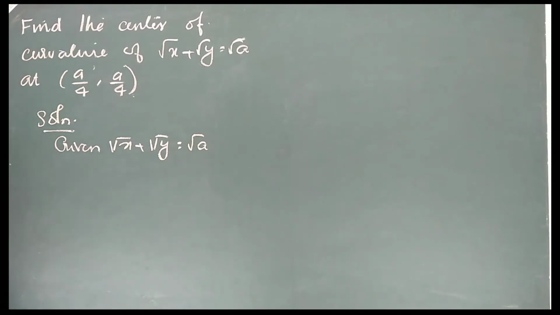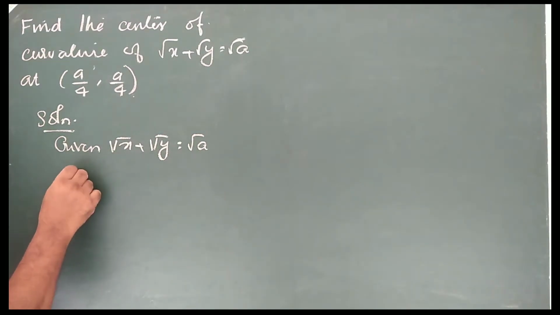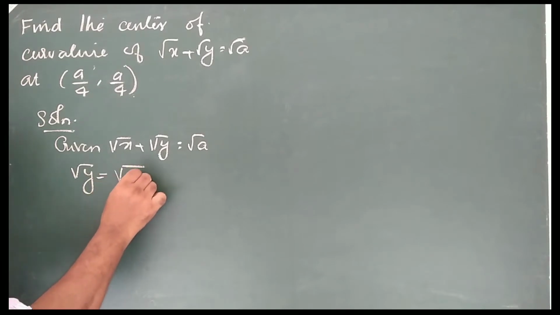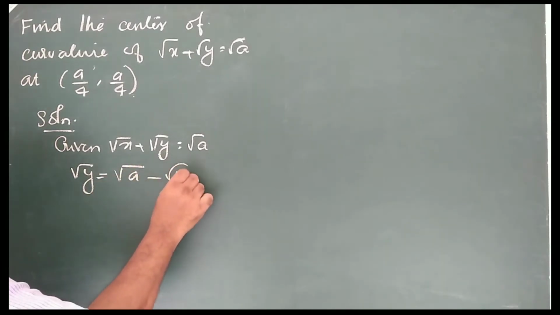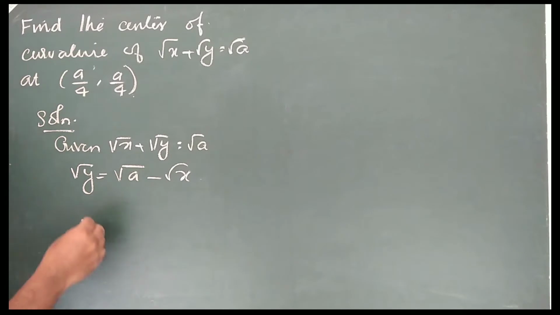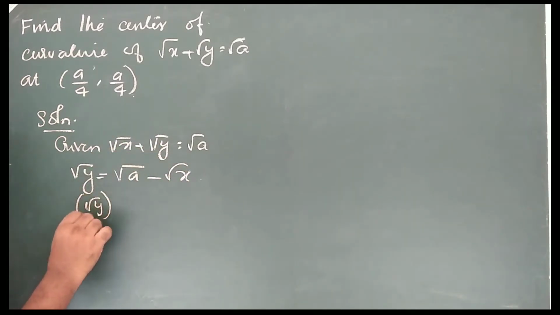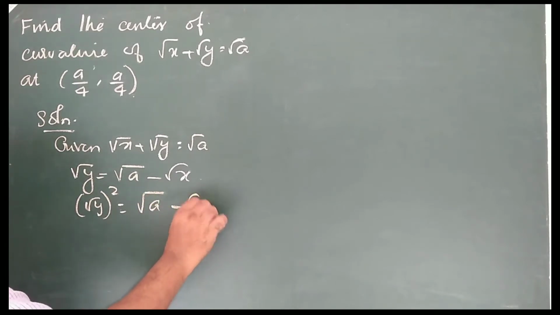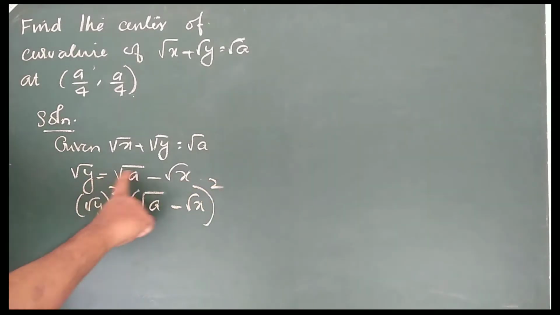Root x plus root y is equal to root a, or root y is equal to root a minus root x. Squaring on both sides, that is root y the whole square equal to root a minus root x the whole square. We are squaring both sides, so root and square cancel.